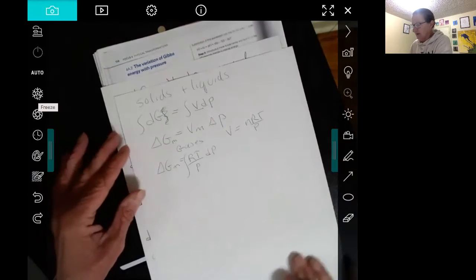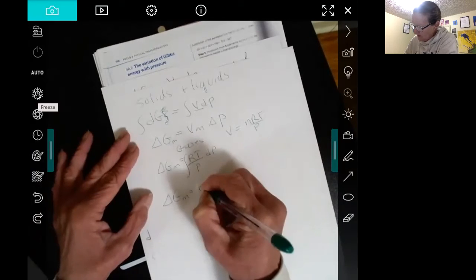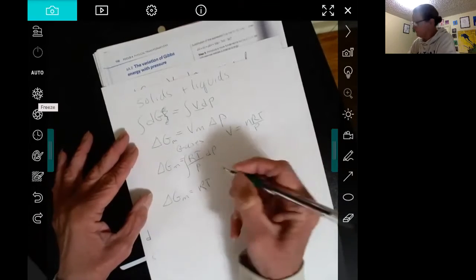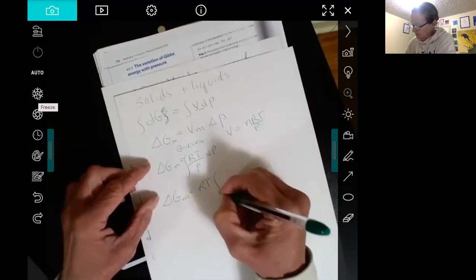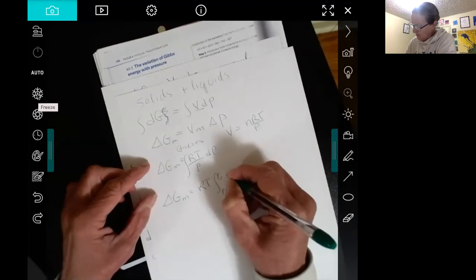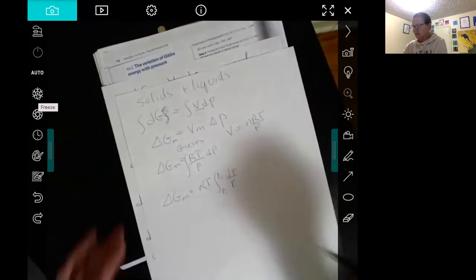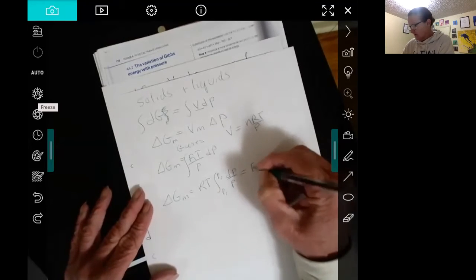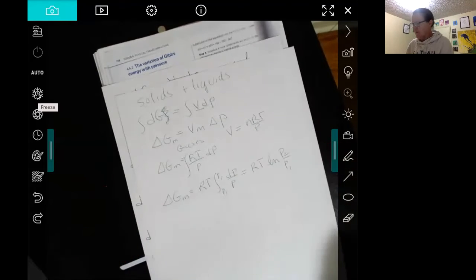And so when I integrate that, you get RT. And this will be an integral you'll do over and over and over. The integral of 1 over x is natural log. So you get RT ln of P2 over P1.